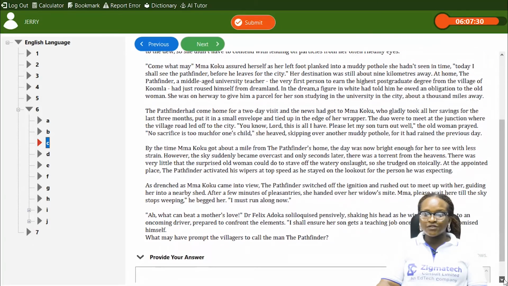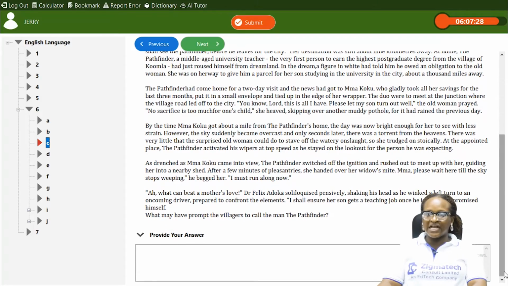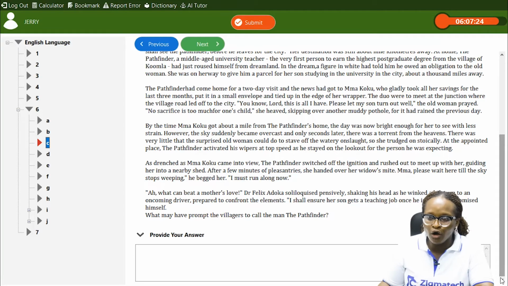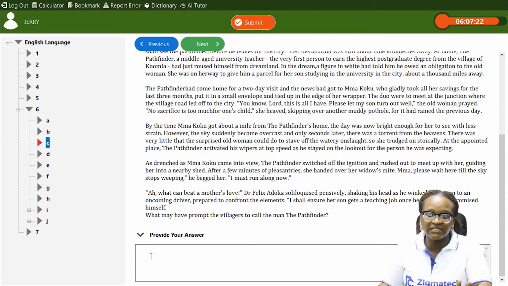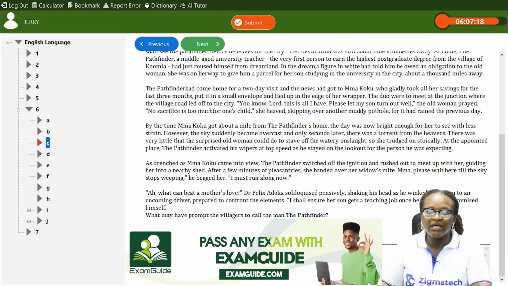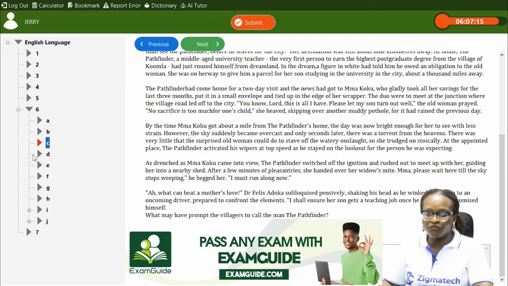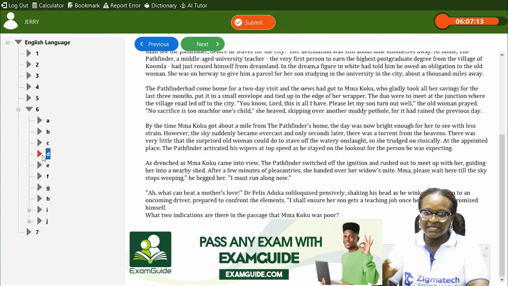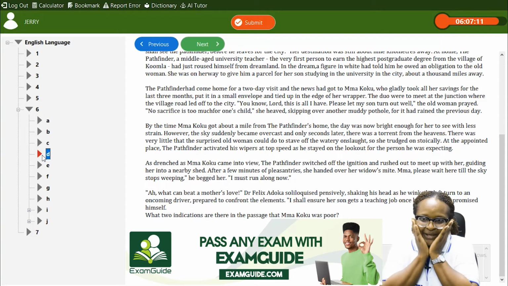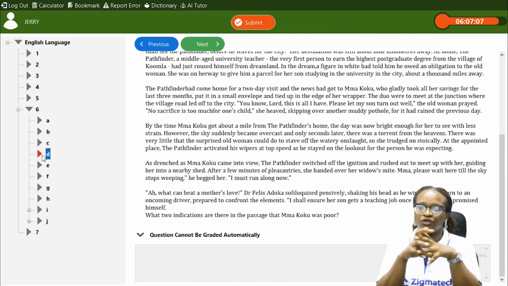So what prompted the villagers to call the man the pathfinder is because he was the first person to earn what? Postgraduate degree in the village of what? Comia. We've answered it. Always use your preamble. It's very important. Preamble is important, all right?